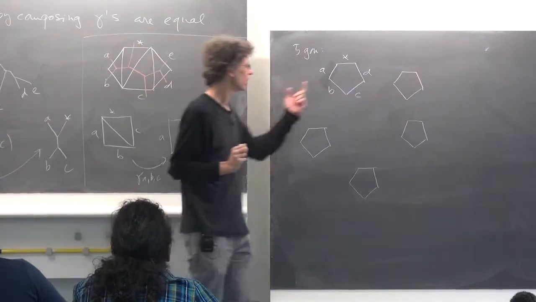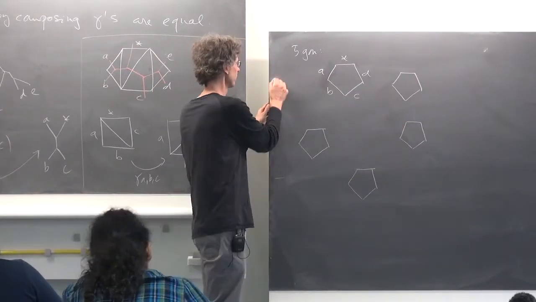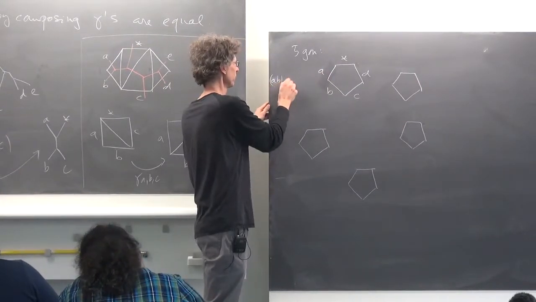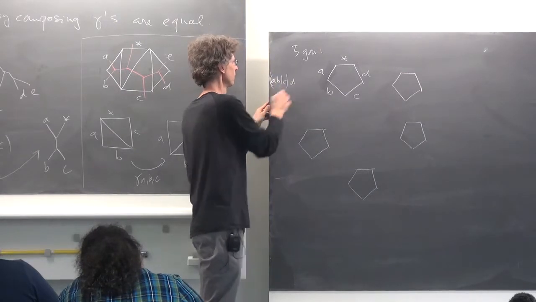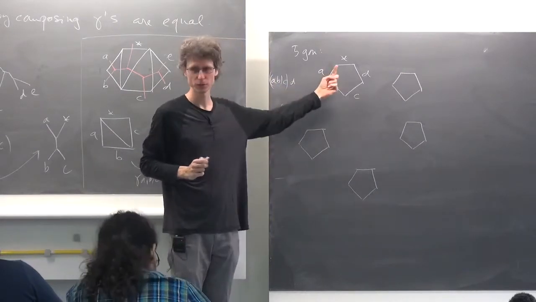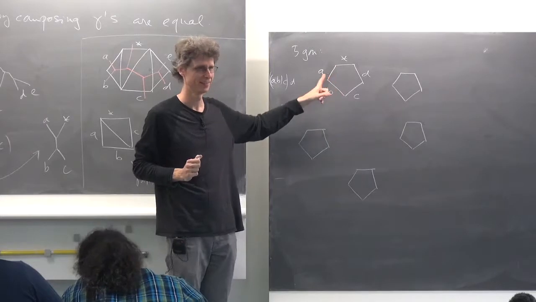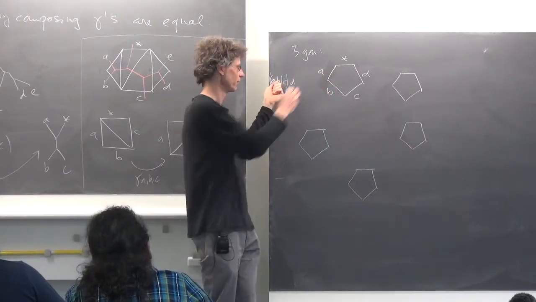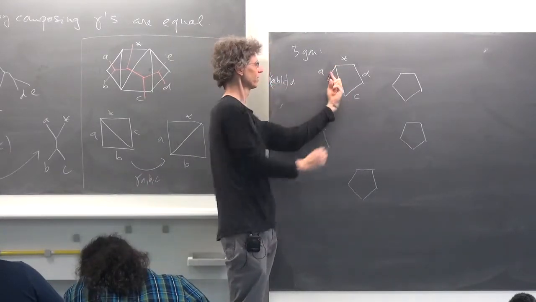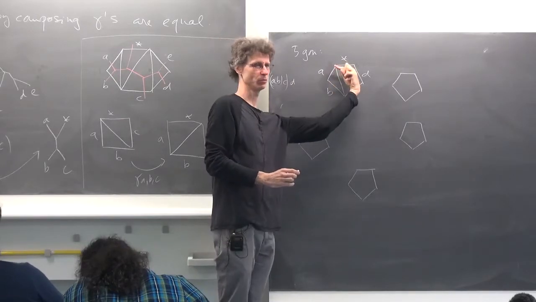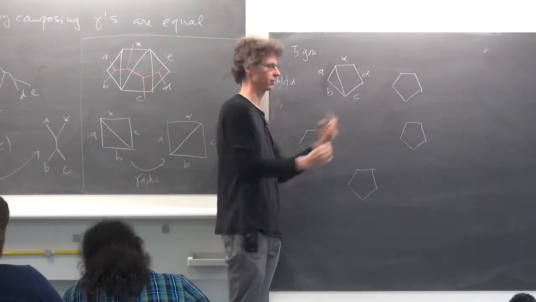Now, if I want to have everything parenthesized from the left, A, B, C, D, how should I draw those diagonals here? I should do A with B, and then the outcome should now be multiplied with C. Like this.